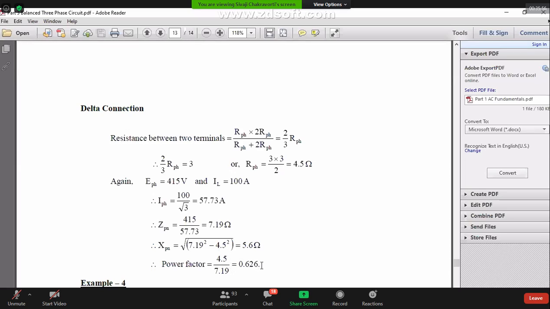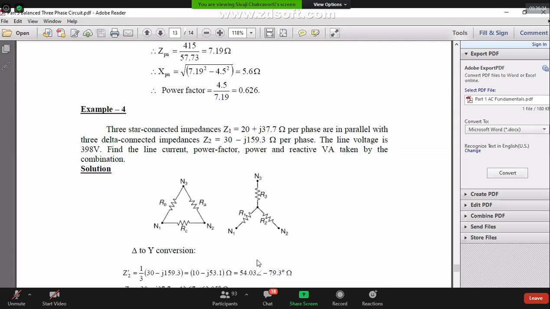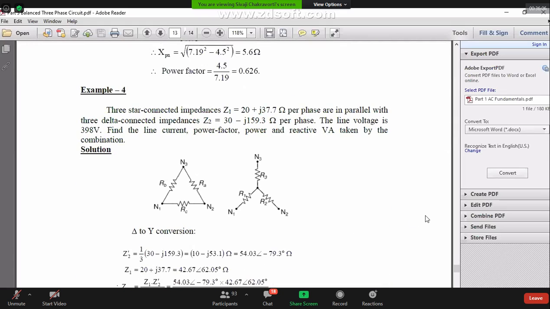If it is delta, I told you that this resistance is R phase in parallel with 2 R phase. So you put into the formula, so you get 2 by 3 R phase. Now this is equal to 3. So the R phase is 4.5 ohm. It is delta, therefore phase voltage is equal to line voltage, so 415 volt.